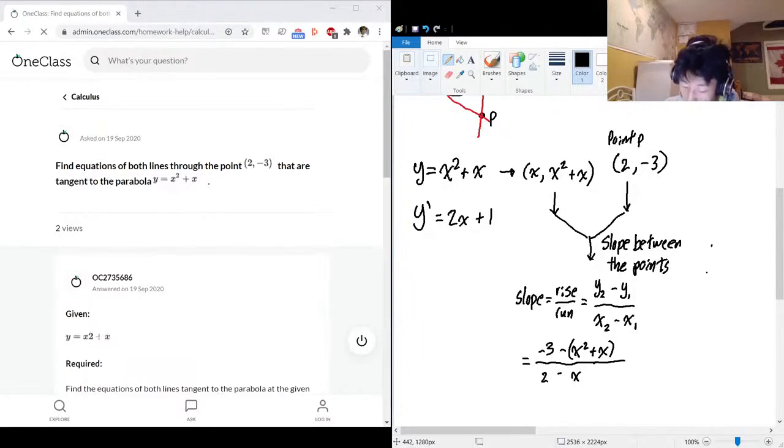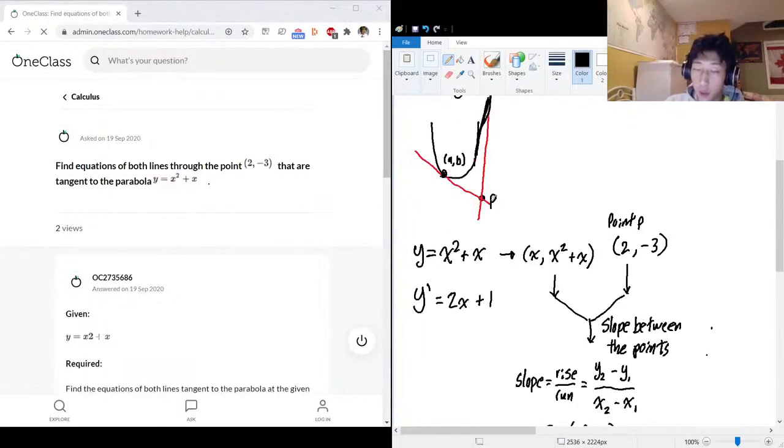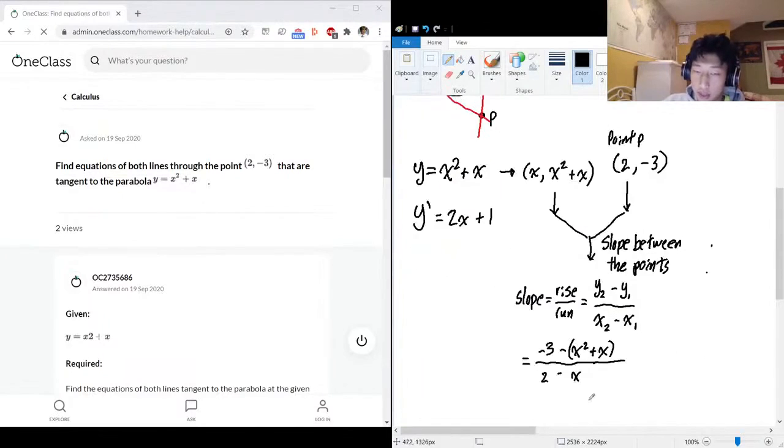Okay, so this is the slope of the point of interest P with a point there. But that slope has to be equal to the derivative for it to be a tangent line. So how about we just set this whole thing equal to 2x plus 1, which is the derivative.